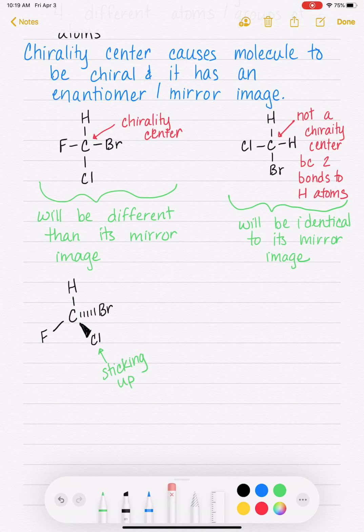And the dash bond, the bromine, indicates that that bond is sticking down. The straight bonds, the bond to fluorine and the bond to hydrogen, would be flat against the paper. The chlorine would be sticking up out of the paper, and the bromine would be sticking down into the paper.